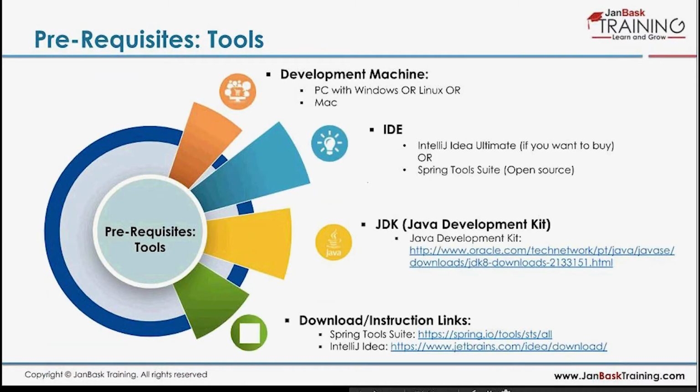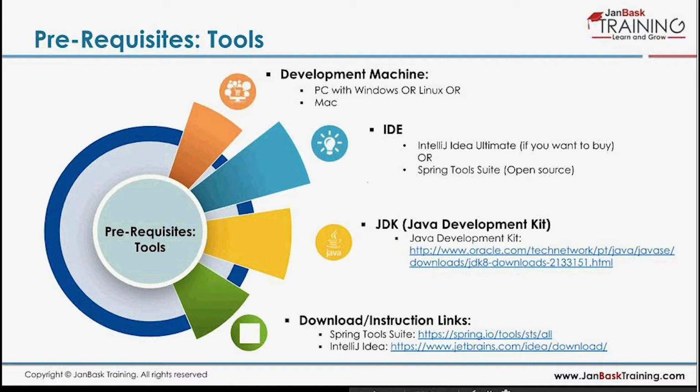Here are some of the prerequisite tools that I would recommend. Some of them are absolutely required, and some of them are good to have. So we'll discuss them one by one. As I've been saying again and again, you can write and run Java software on any platform.